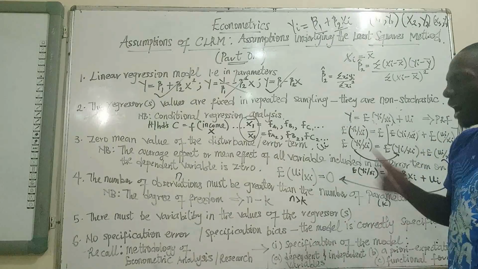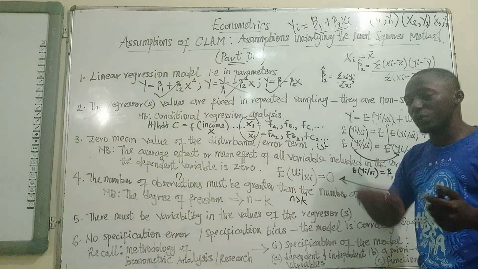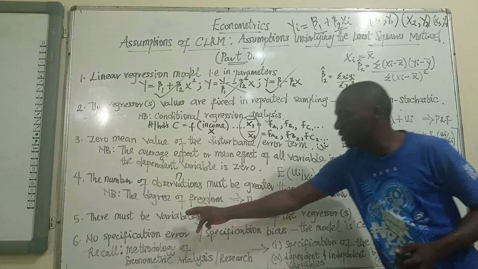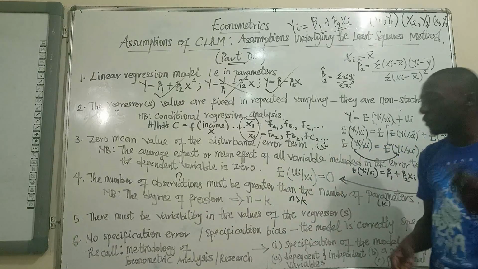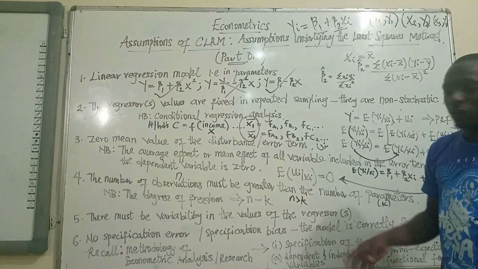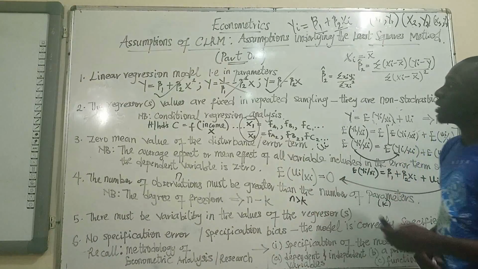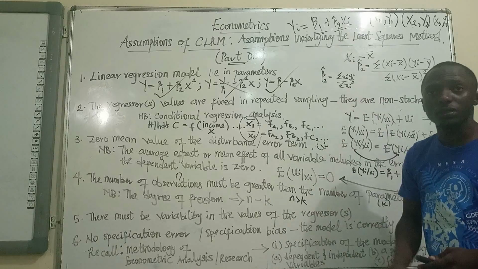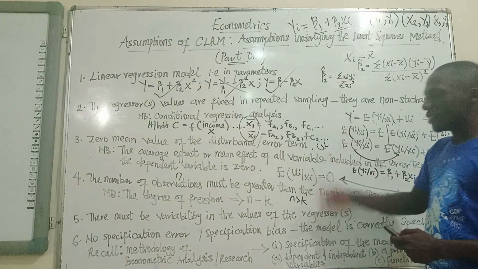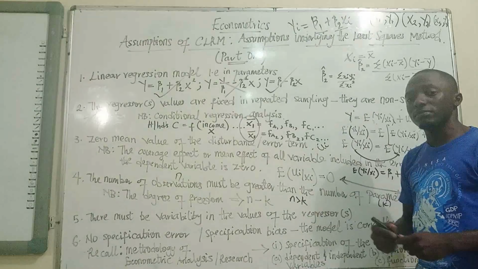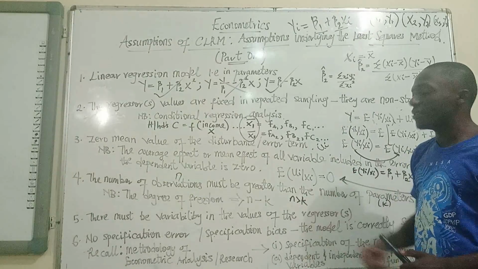That's just it. Also, there's one concept that we will learn as we progress in the class: the degree of freedom. We call it n minus k. The n minus k is very, very basic to our understanding of the classical linear regression model.